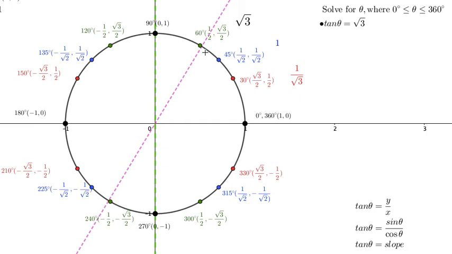It is important to note that tangent also is positive, our slope is also positive, when our terminal arm is in quadrant 3. So that pink line has an overall positive slope. By the way, notice how those are exactly 180 degrees away from each other. So my solution is 60 degrees and 240.